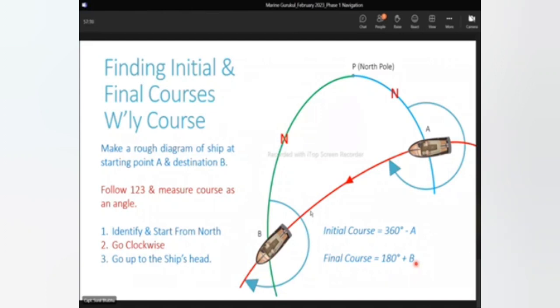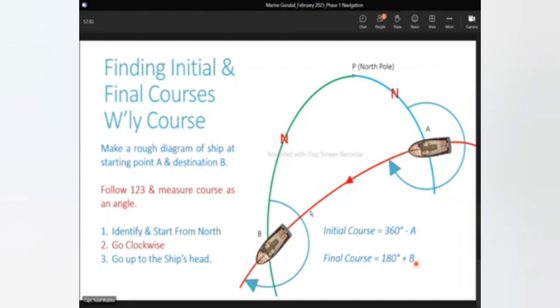No, beta. The question will give you the position of both these points A and B, latitude and longitude. That is what the question will give you. So first you will have to make the diagram and find the great circle distance, that is side AB of the triangle. Once you find side AB, then you again apply the cosine formula and you get angle A and angle B, both inner angles of the triangle, Papa Alpha Bravo angle and Papa Bravo Alpha angle.